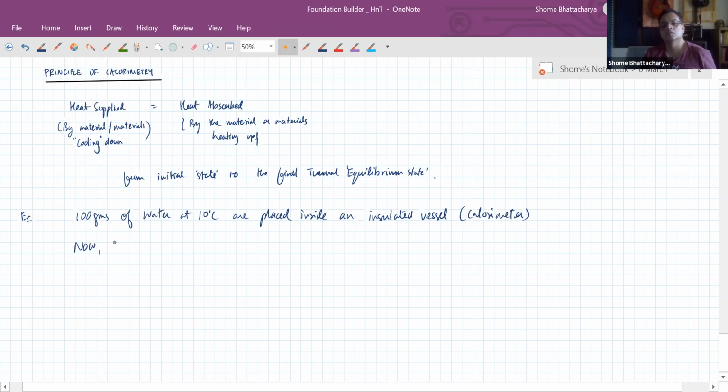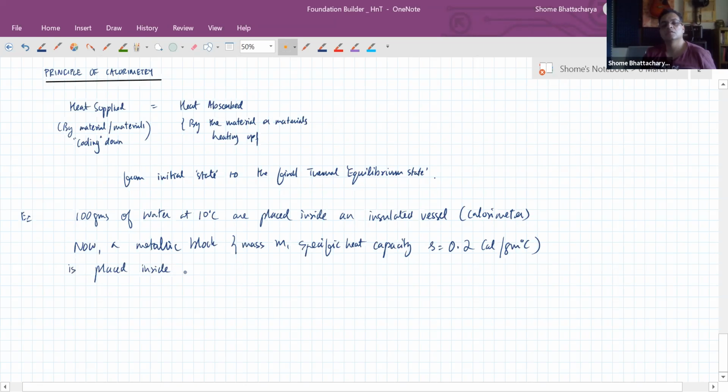Now, a metallic block of mass m, specific heat capacity 0.2 calories per gram degree C, okay, is placed inside at initial temperature of 45 degrees C.